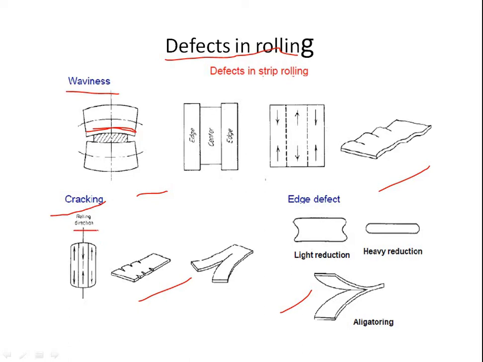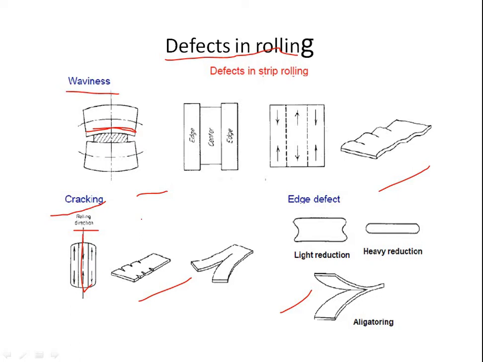Due to the friction hill effect, the sheet undergoes more deformation in the center. We have shown this here. More deformation in the center than in the edges, resulting in slight rounding at the ends.